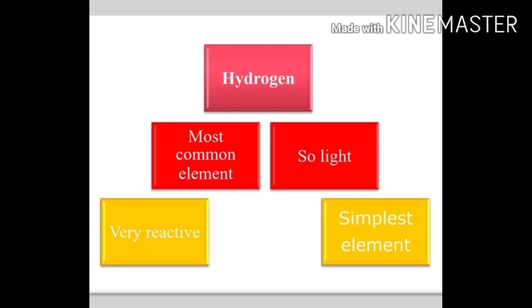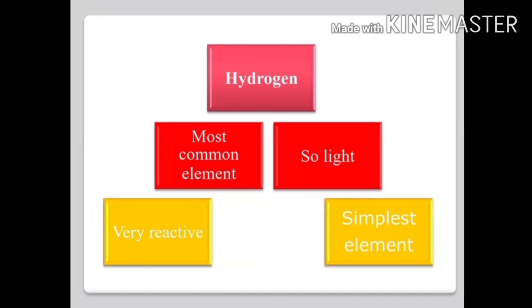So to naturally find hydrogen on Earth, we must look for it in other compounds. It is part of many reactions and many compounds like petroleum, mineral, cellulose, starch, sugar, fat, oil, alcohols, acid, and thousands of other substances.